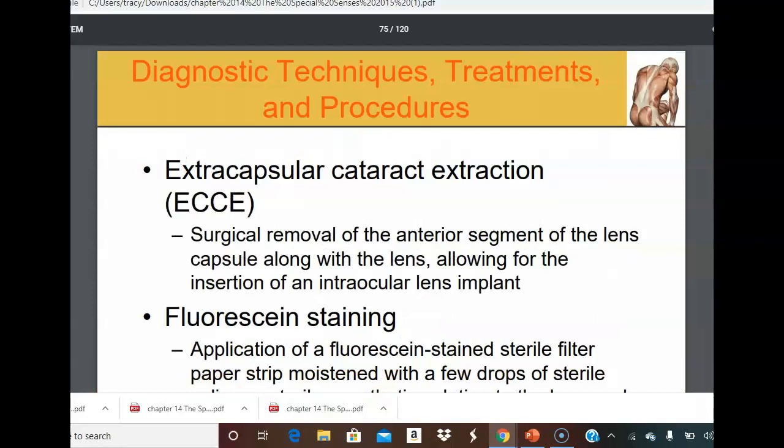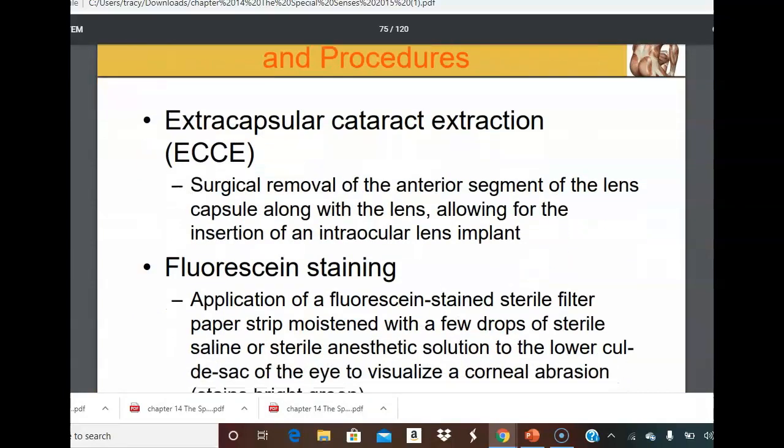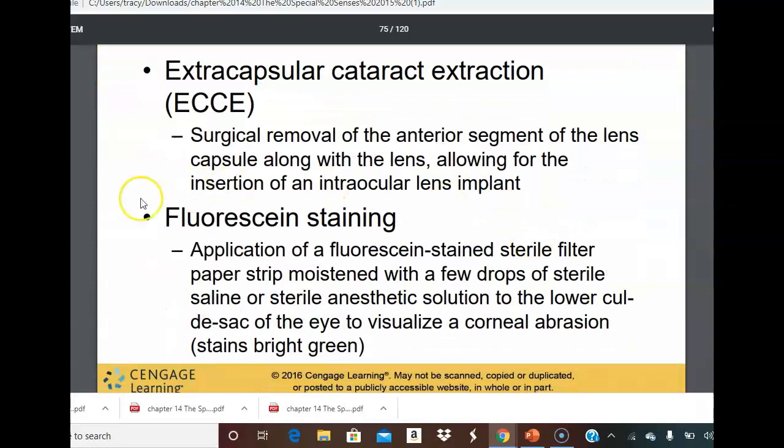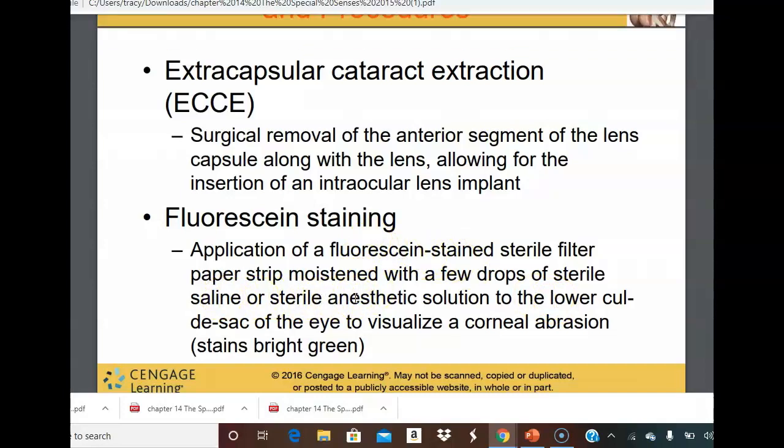So I'm going to mention fluorescein staining. This is a common procedure that's done in a primary care setting where you take a sterile saline or a sterile anesthetic eye drop, place a drop on a piece of paper that has a stain, and then let that eye drop fall into the eye. What it does is it will illuminate any corneal abrasions.